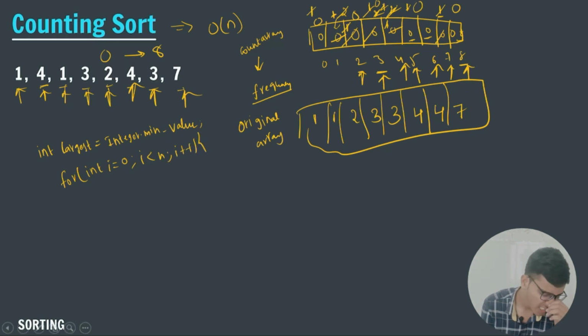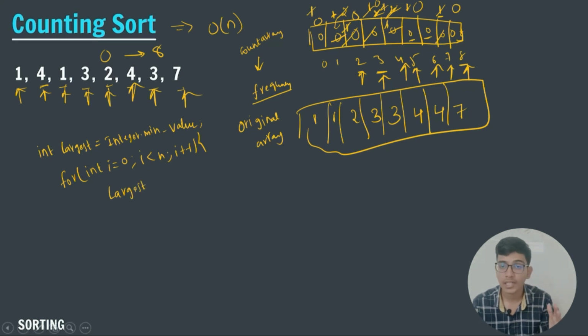Here what I am doing, I am taking the largest value first of all. So first of all I need to know the range, right? Suppose the maximum element is 99. Then by finding the maximum element, we already know that counting sort will only work on the range of elements. So if the maximum element is 99, then I can say that my elements will go from 0 to 99.